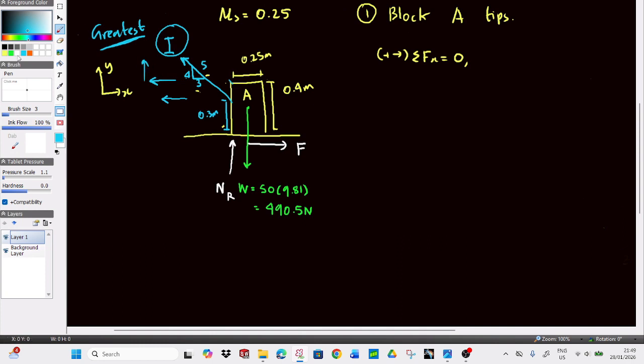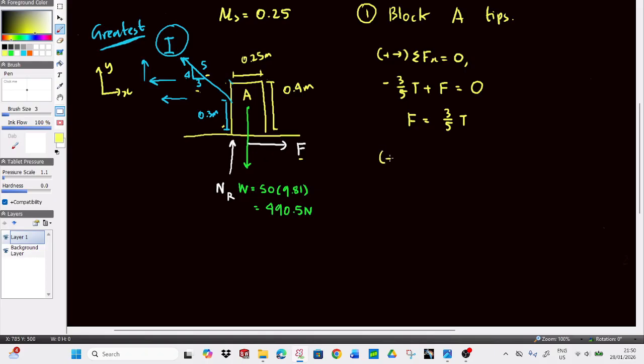So our horizontal component is negative 3 over 5 times T, and we have the frictional force plus F equals 0. So our frictional force is just 3 over 5 T. And that's all good. That's not a problem at all.